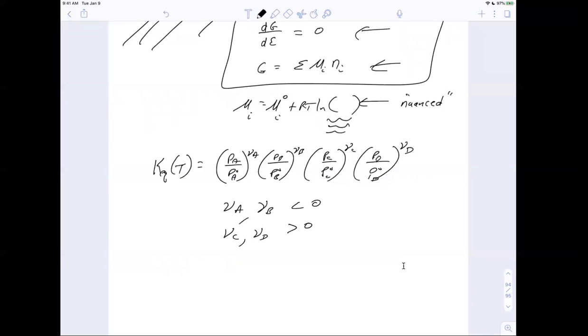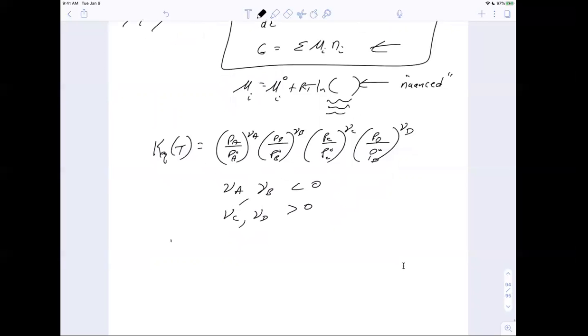So what happens then is that we can write K equilibrium for the ideal gas system as a couple of terms, and I'm going to let you figure this all out. We're going to have PC raised to the nu C times PD raised to the nu D, divided by the partial pressure of A times the partial pressure of B. Where now what I've done is put the stoichiometric coefficients in absolute value signs.